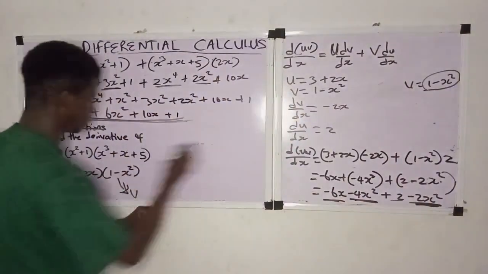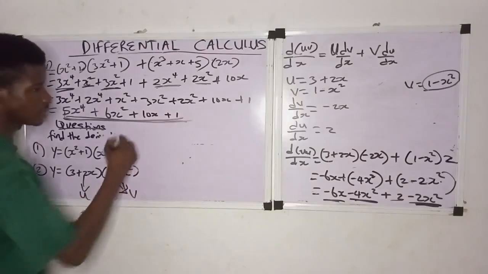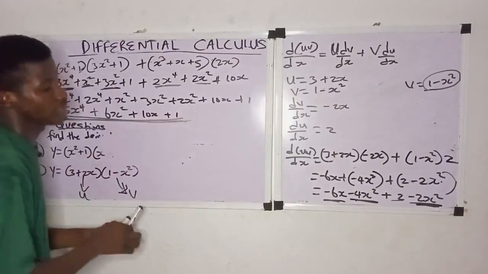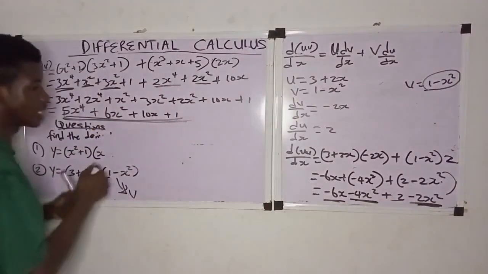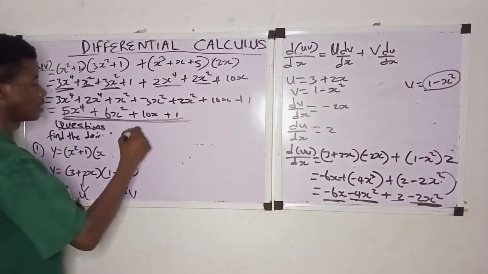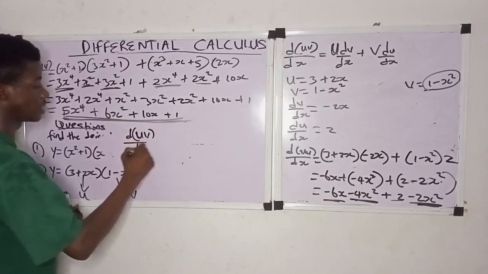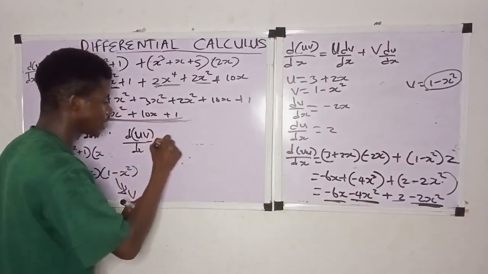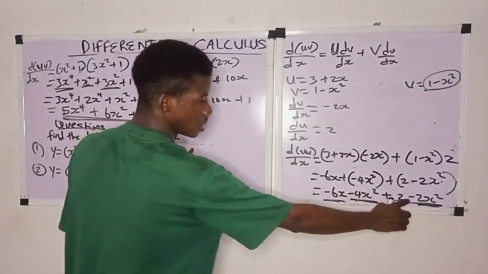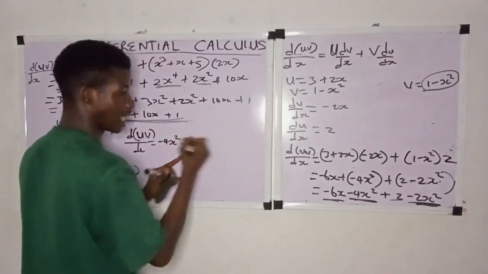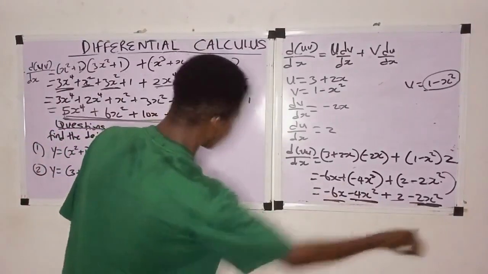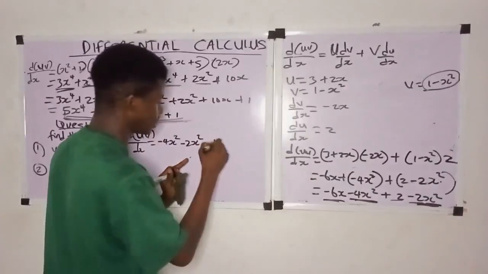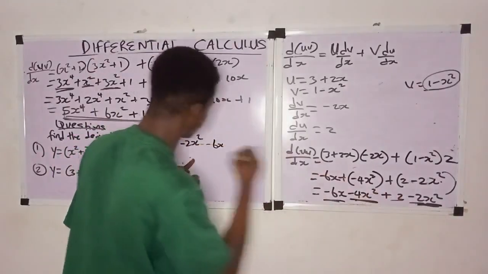So let me continue straightforward. So d(uv) over ds is equal to minus 4s squared, then minus 2s squared, then minus 6s, then plus 2.